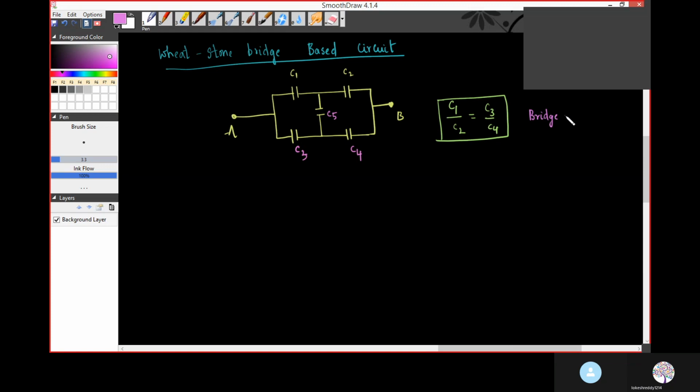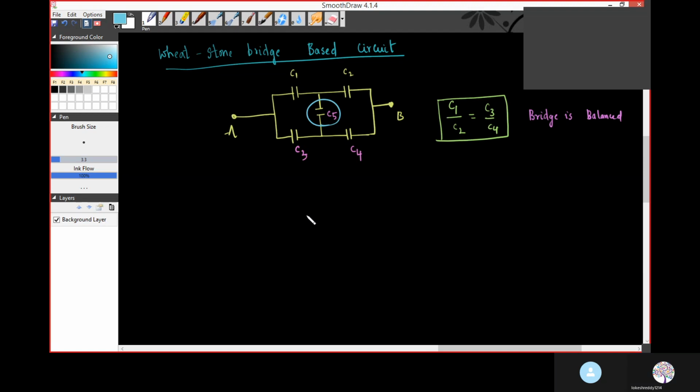When the bridge is balanced, I'm going to remove this C5, and then I will treat these two as in series. So I will calculate the effective, and then I will add them because the effective will be in parallel.